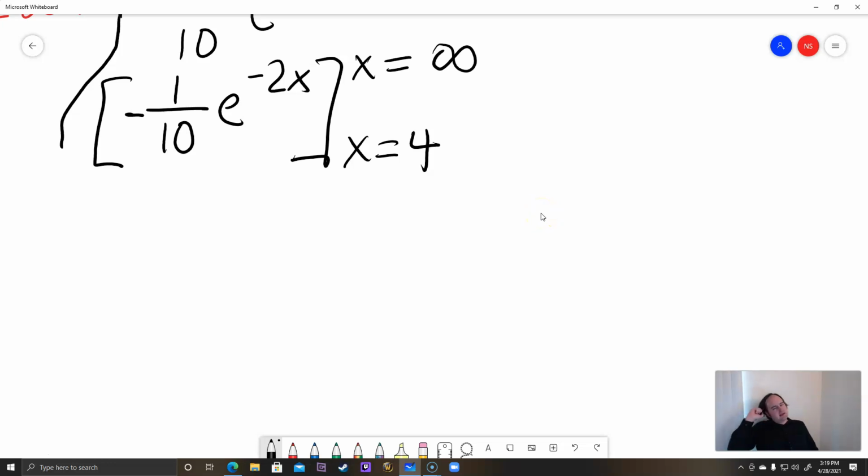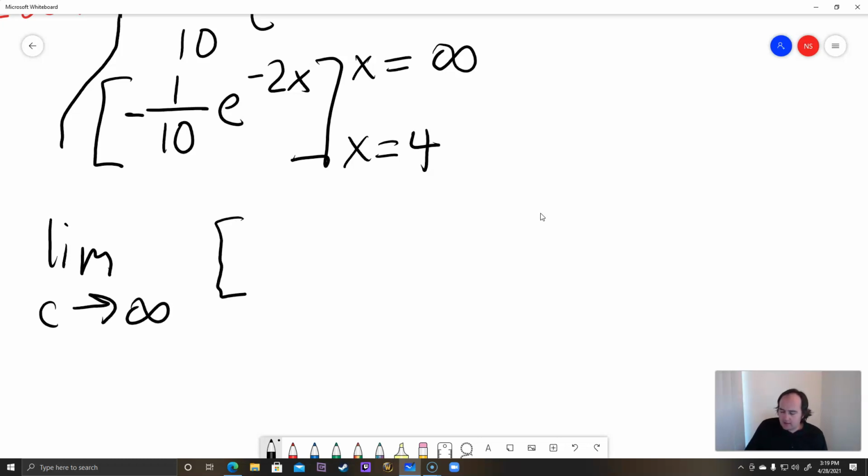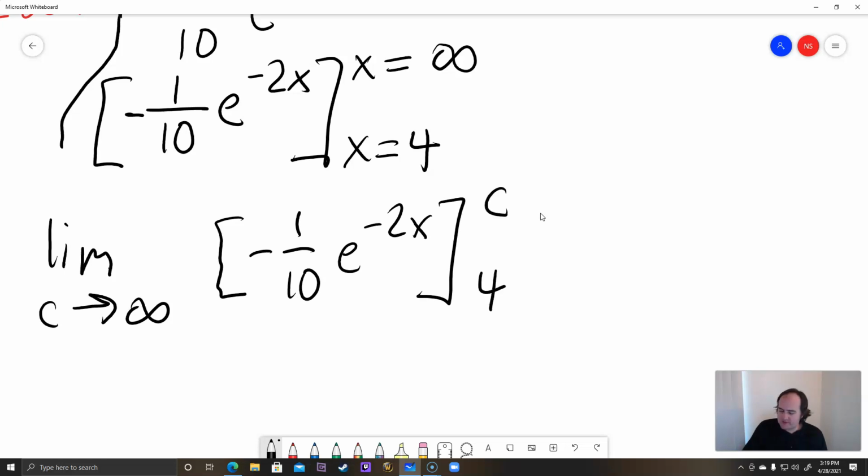Of course, x can't actually equal infinity because infinity is not a real number. So once again, we write it as a limit. So we write this as the limit as c goes to infinity of -1/10 e to the negative 2x, which goes from 4 to c.